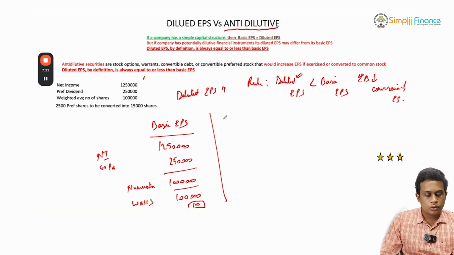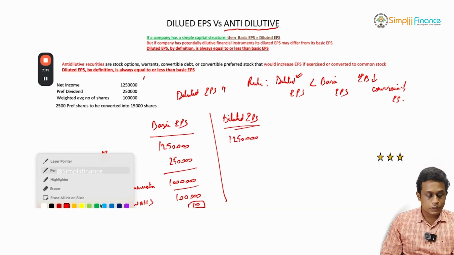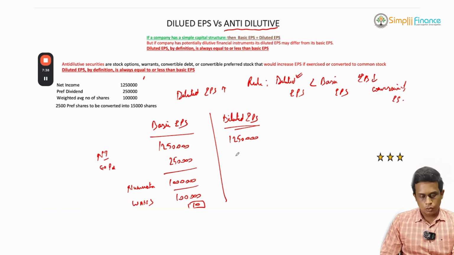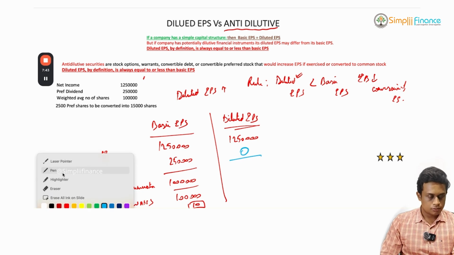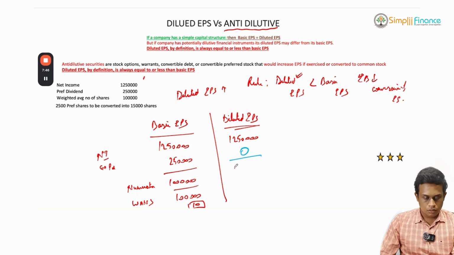For the diluted EPS, assuming there are no more convertible securities, the net income is the same. And what if this preferred stock gets converted? You do not pay the preferred dividends anymore. So the numerator is 1.25 million, and the denominator, the weighted average number of shares, gets increased by 15,000.